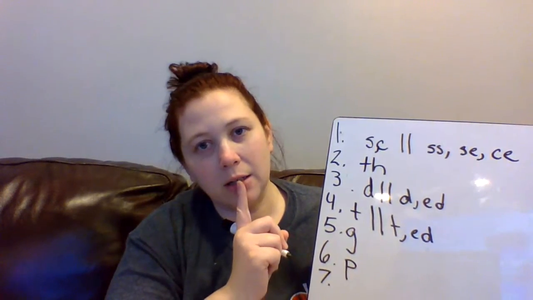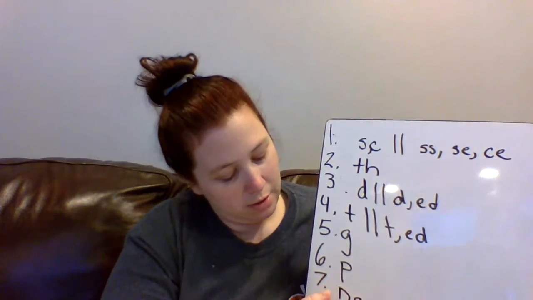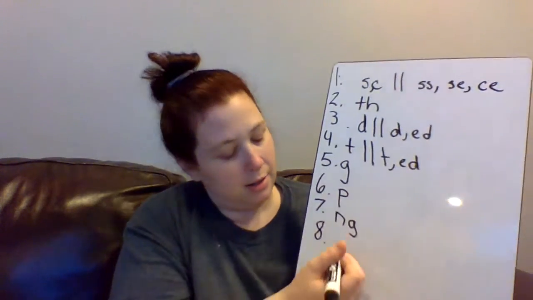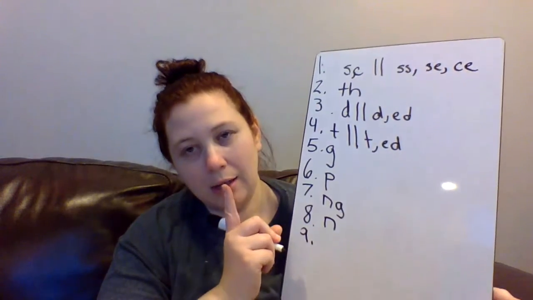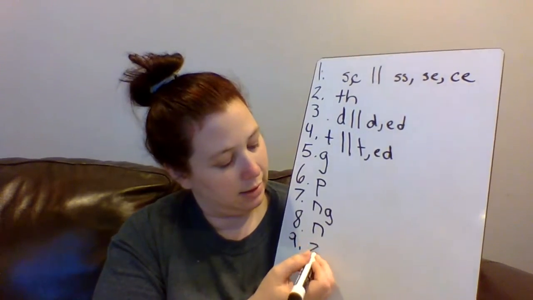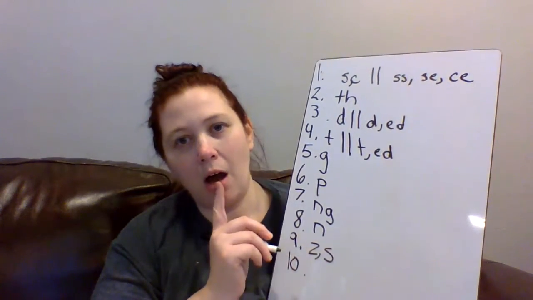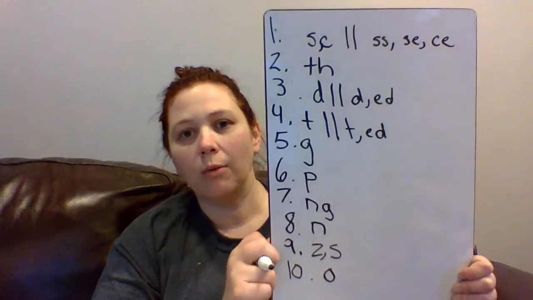Number 7, ng. That's NG. Number 8, that's just N. Number 9, Z. Z, comma, S. And number 10, O. Alright, go ahead and be sure that you have those down.